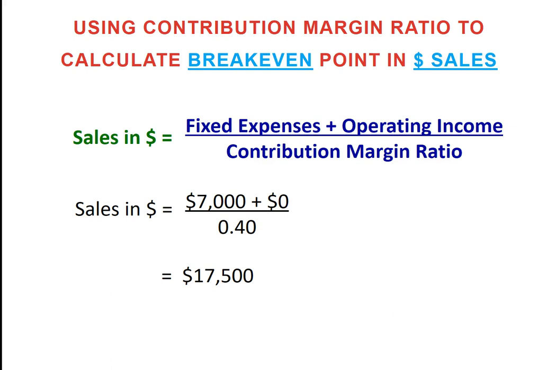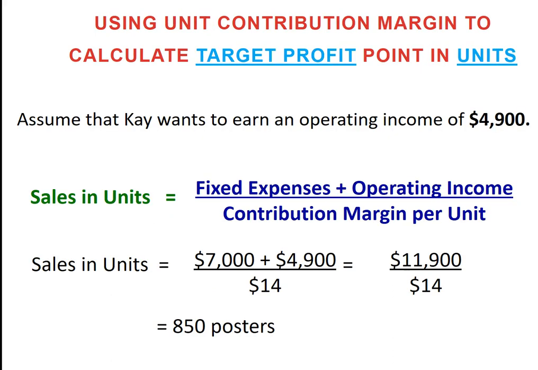Now we could use the concept of contribution margin to calculate the number of units that you need to produce to earn a certain target profit level. And the formula is the same. The formula is sales in units, which is equal to fixed expenses plus operating income divided by contribution margin per unit.